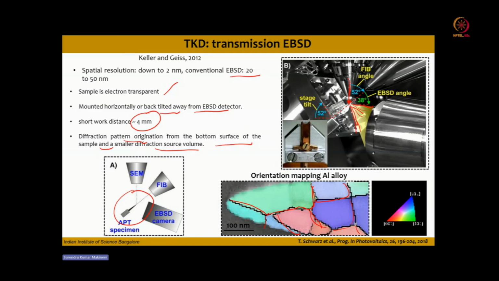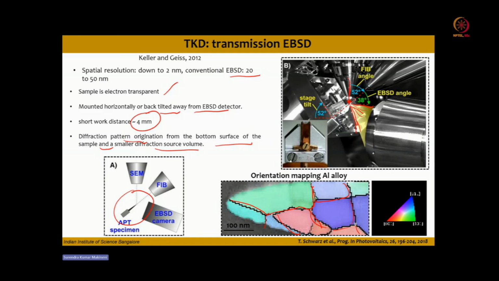So first we introduced the SEM, then we briefly went through electron channeling contrast imaging, then the importance of the EBSD orientation map, and how this orientation map and the electron channeling contrast imaging can be used together to get the defect structures on the bulk samples. So these are bulk samples.